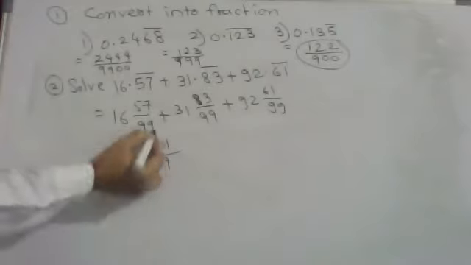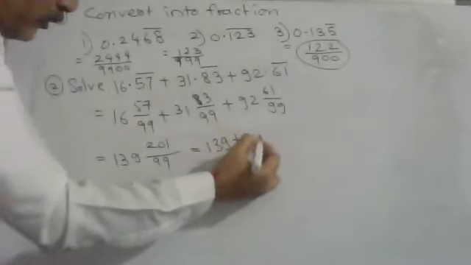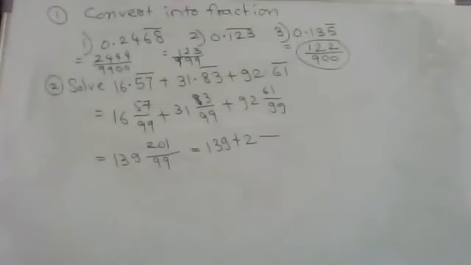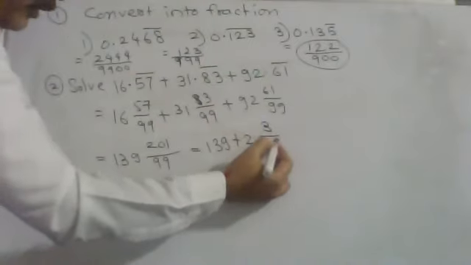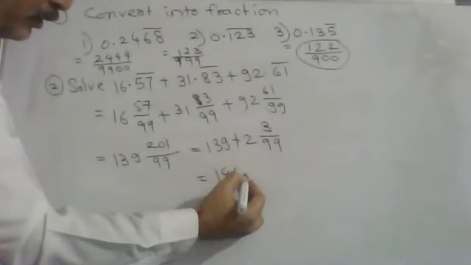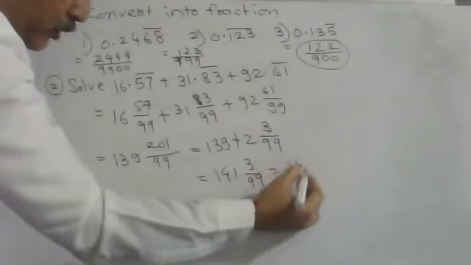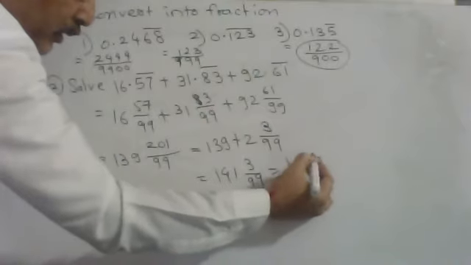So when you are dividing this, this will be 139 plus 2, 198 plus 3 upon 99. It will be 141, 3 upon 99, or you can write 141.3.